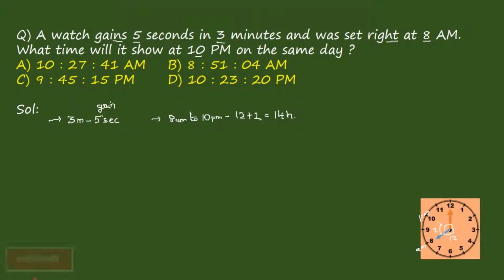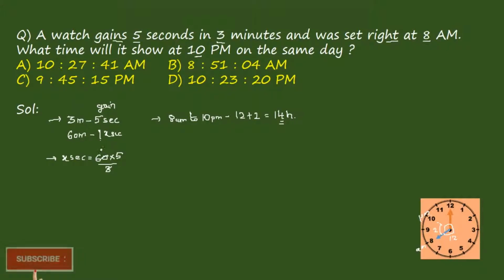Now they are asking, after 14 hours, what is the increase in the time? As we know, for 3 minutes we are getting a 5 second gain, right? So for 60 minutes what will be the gain? If we consider x seconds, then x seconds is equal to 60 into 5 by 3.